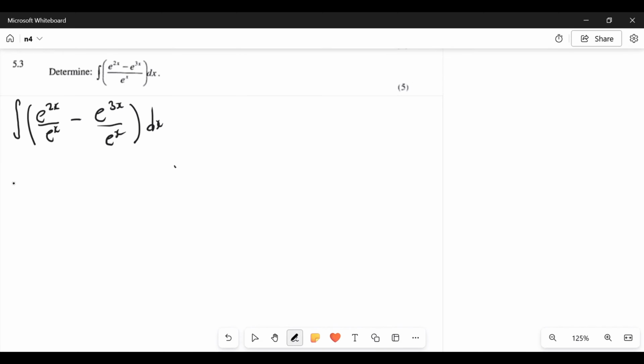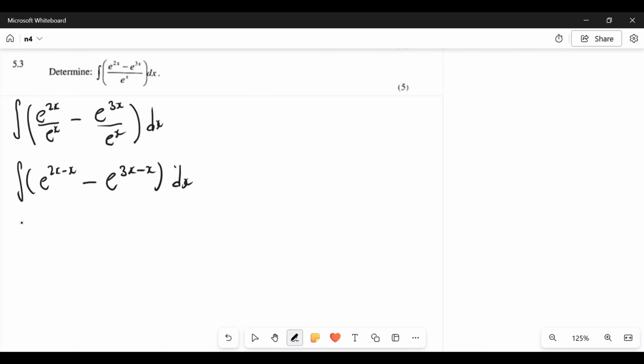Now using exponents, we can subtract the exponents since all of these have the base of e. So we can write this like this: integral, open bracket, e to the power of 2x minus x, because of this e, when it goes to the numerator, the exponents will subtract each other, minus, and we have this one here with e to the power of 3x minus x again, close bracket, dx.